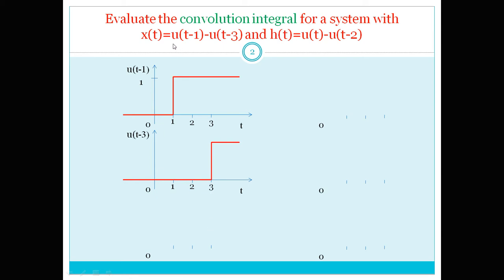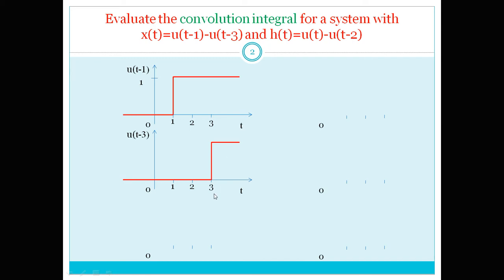Now I need to add u of t minus 1 and minus u of t minus 3. After t greater than 3, for u of t minus 1 the value is 1, and after t greater than 3, for minus u of t minus 3 the value is minus 1, and 1 minus 1 will get cancelled. Otherwise you can straight away see here, after t greater than 3, u of t minus 1 value is 1 and u of t minus 3 value is also 1, and we are subtracting one from the other, so 1 minus 1 will give us 0.